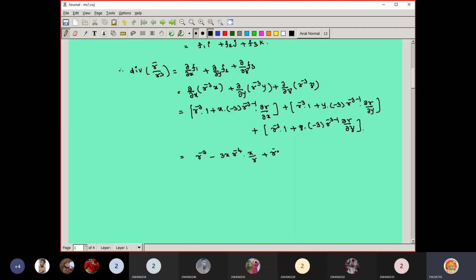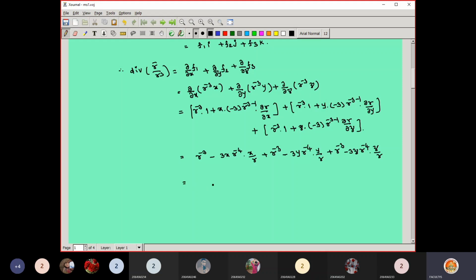Similarly, plus r to the power of minus 3 and minus 3y r to the power of minus 4, that dou r by dou y is nothing but y by r. Similarly, you are going to the next value, plus r to the power of minus 3, that minus 3z r power minus 4 dou r by dou z is nothing but z by r.